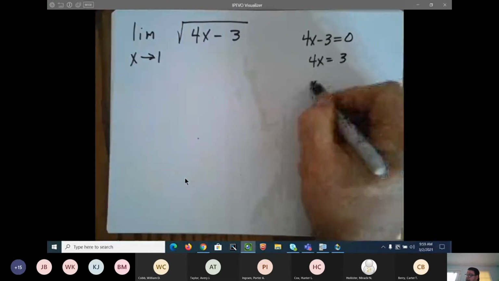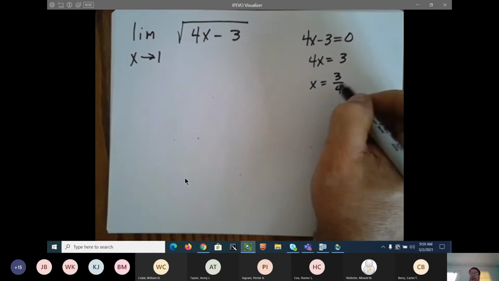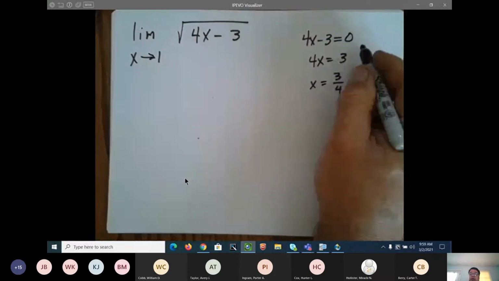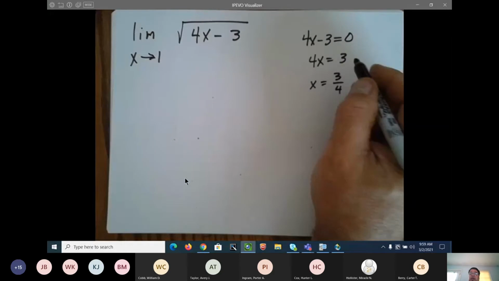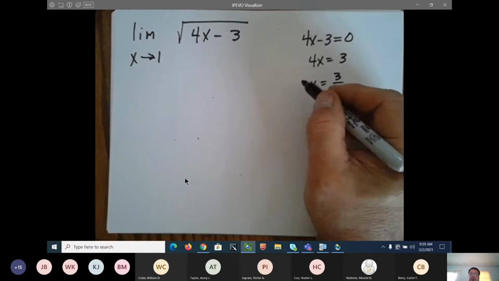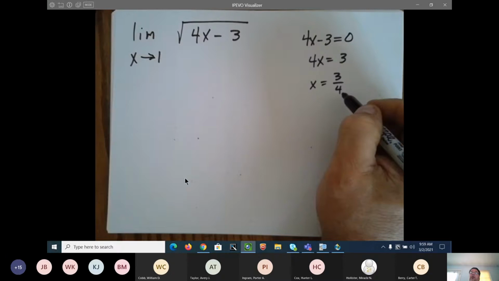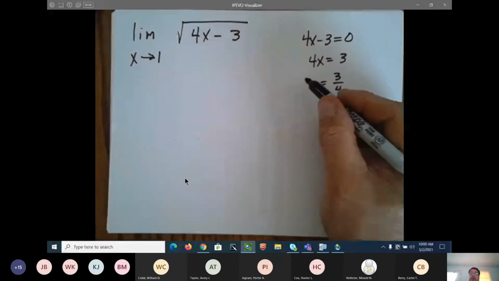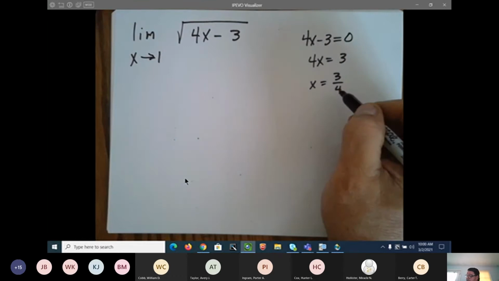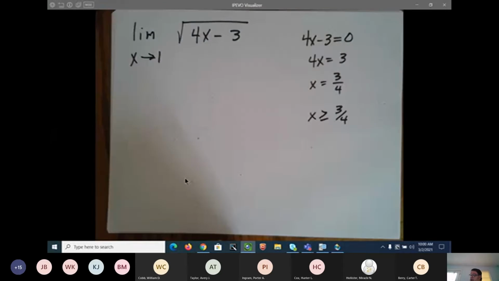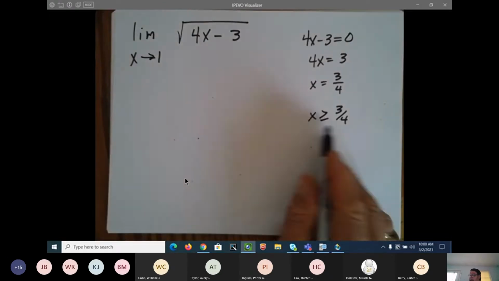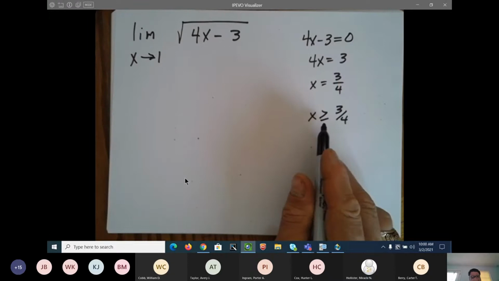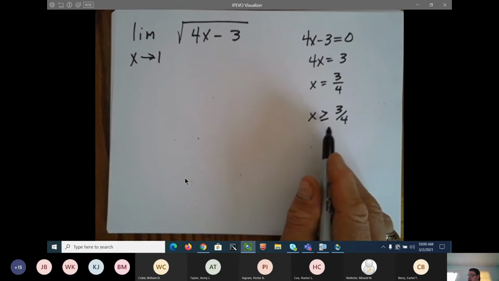X is equal to 3/4. So we know at 3/4 we get 0, which is okay. We can have the square root of 0. We just can't have negative. So what is below 3/4? Well, 0. 4 times 0 is 0 minus 3. So x has to be greater than or equal to 3/4. 3/4 is about all we can use.